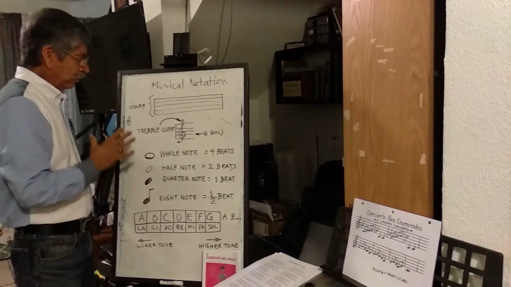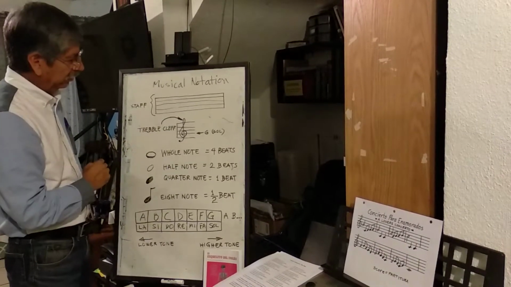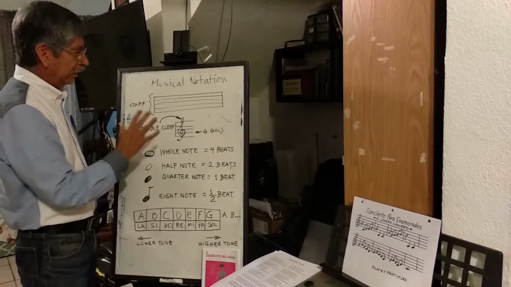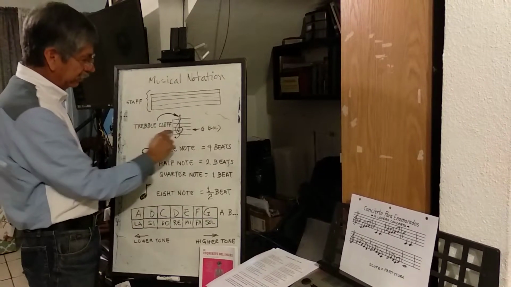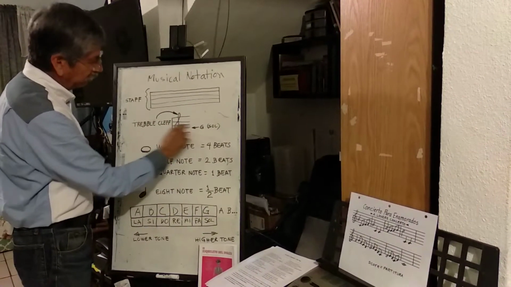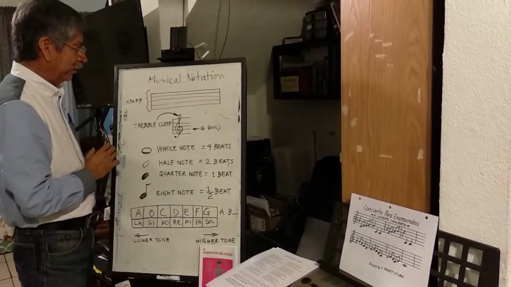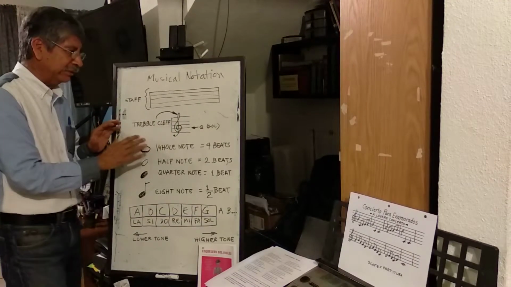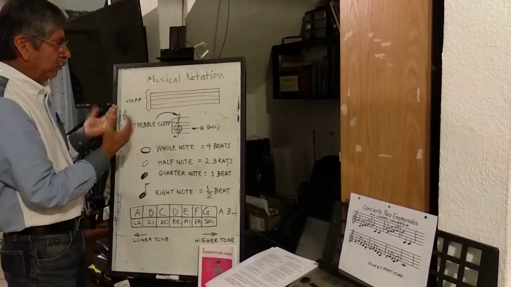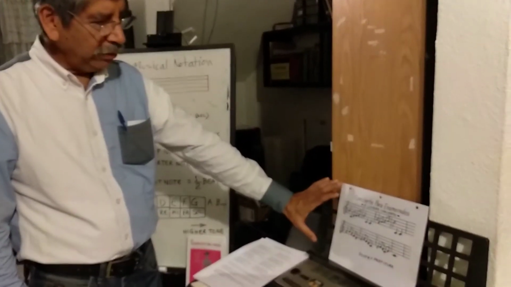They use also the treble clef, which is this sign that indicates where we have a reference note. In this case, this line corresponds to the note G, Sol. Okay, so this gives us a reference to be able to read the score.